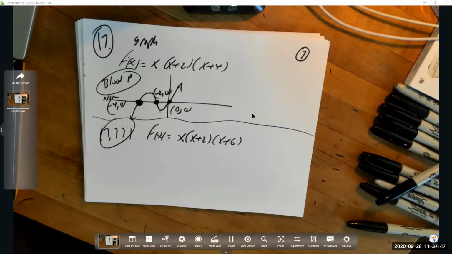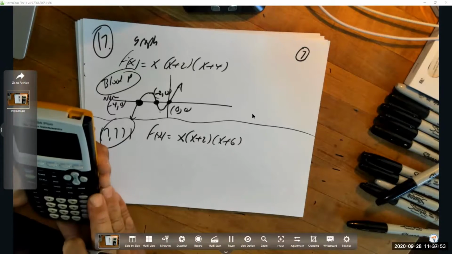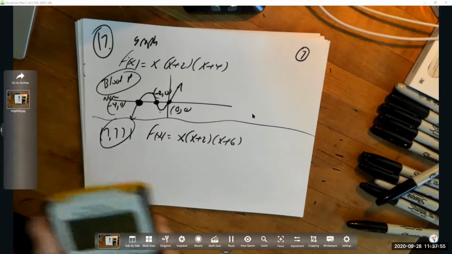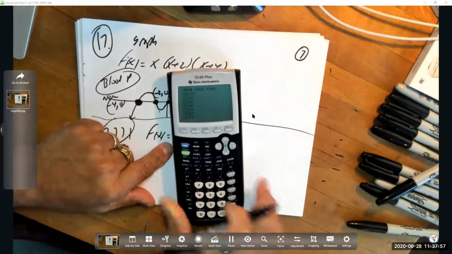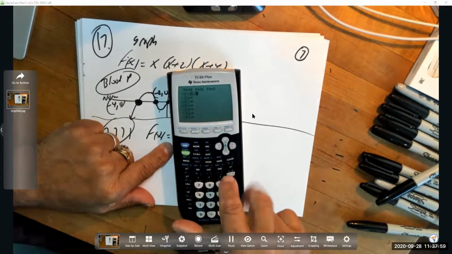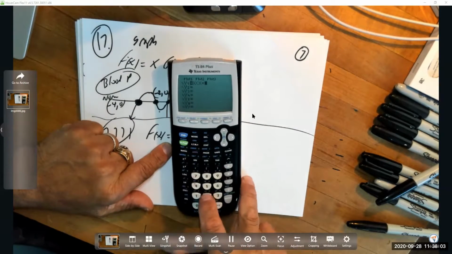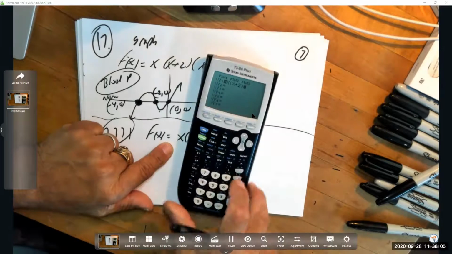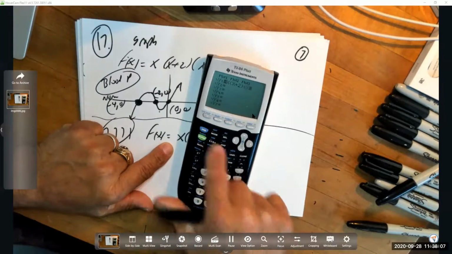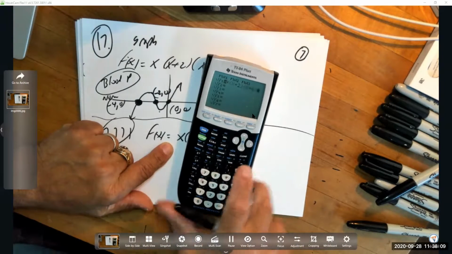I'm gonna assume that you got it. As soon as you have the skills. All right, let me do it in mine. So I got x(x plus 2)(x plus 6). Is that it?